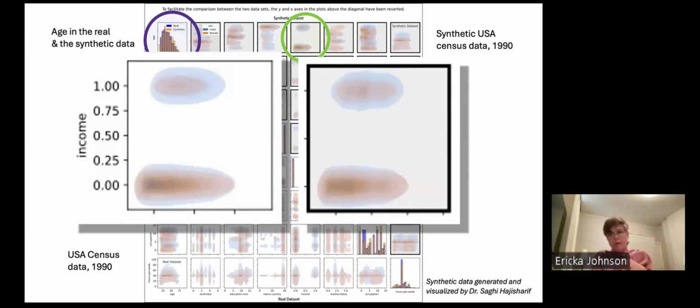The income, which in this data set was binary, high, low, and the age, which was along the bottom, and then the gender, pink and blue. How like gender professor not is that? But anyways, they pretty much also overlap. They're not identical. Again, that's good because if they were identical, that would be a bad thing for synthetic data, but they're pretty close, which is also good because you want it to be pretty close.